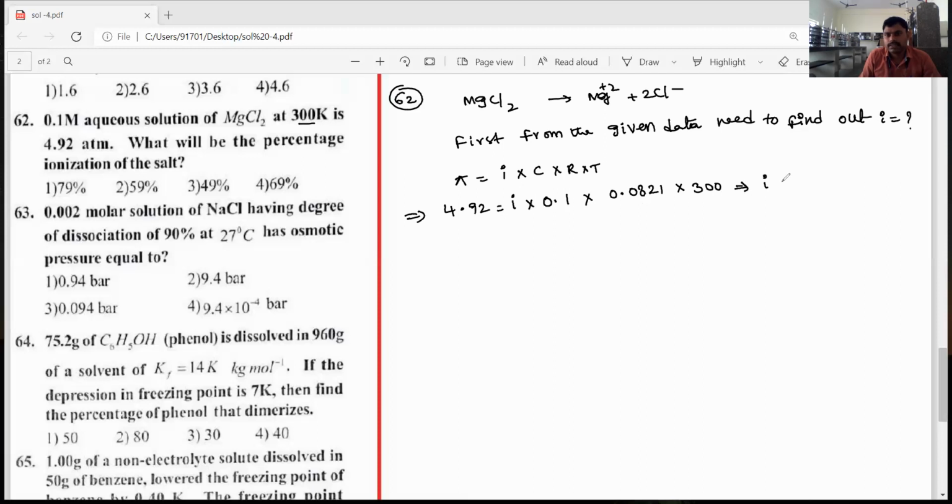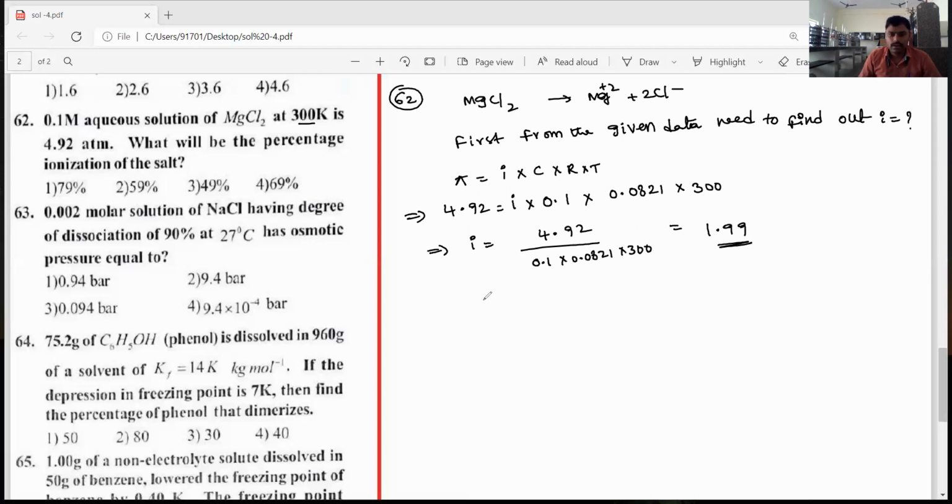Then i equals 4.92 divided by 0.1 into 0.0821 into 300. On simplification, the i value is 1.99. Okay, dear students.